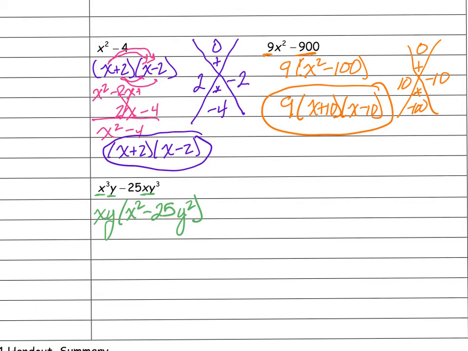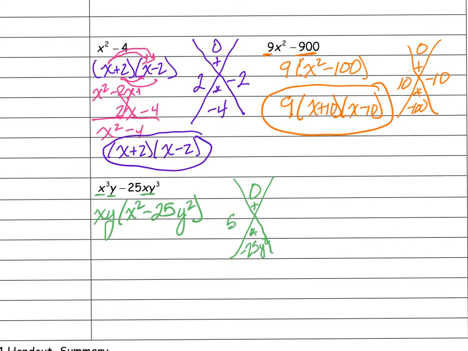Okay, so here we go. Oh, now I have two variables. So this is my thought, and I'm going to walk you through my thought on this. I'm still going to do my graphic organizer, and I'm going to think of it this way. I need two numbers that multiply to be -25y squared and add to be 0, because there's still no middle term. Okay, well, what multiplies to be -25y squared?